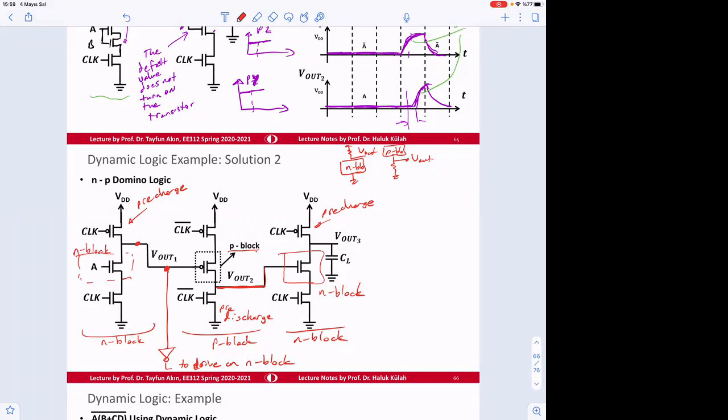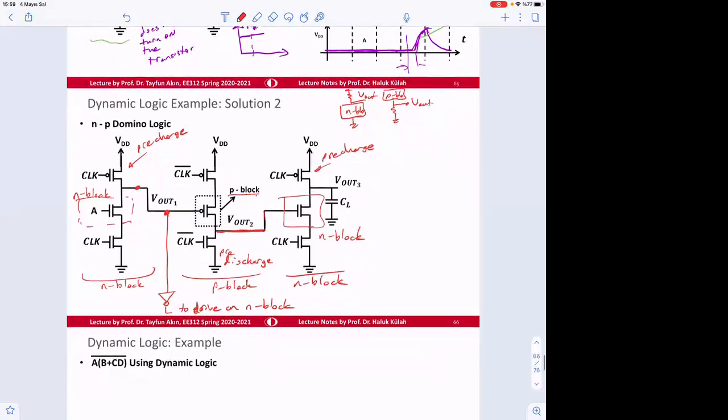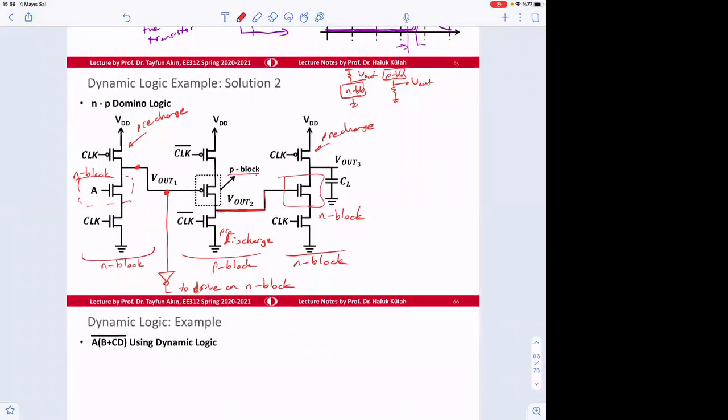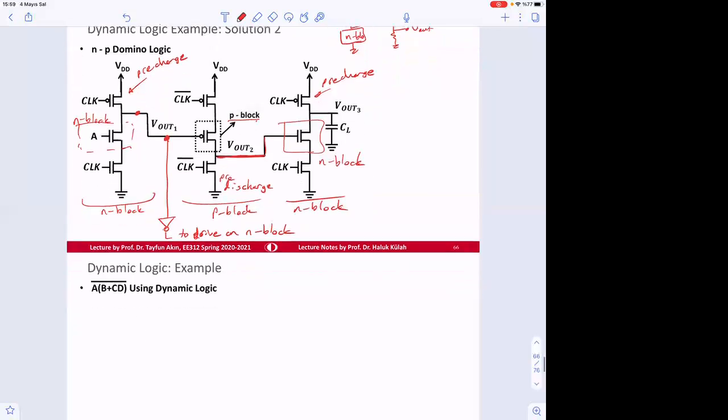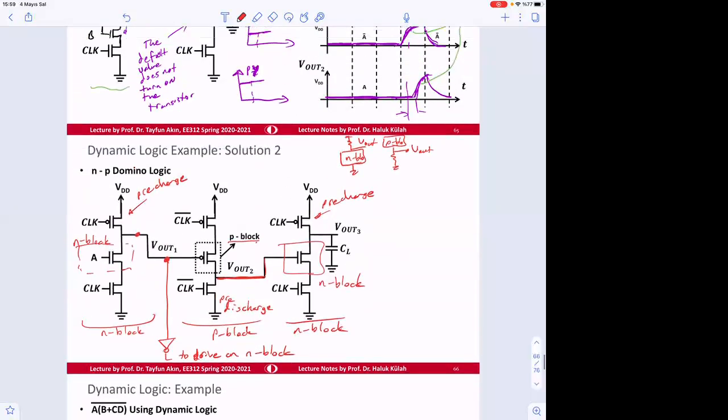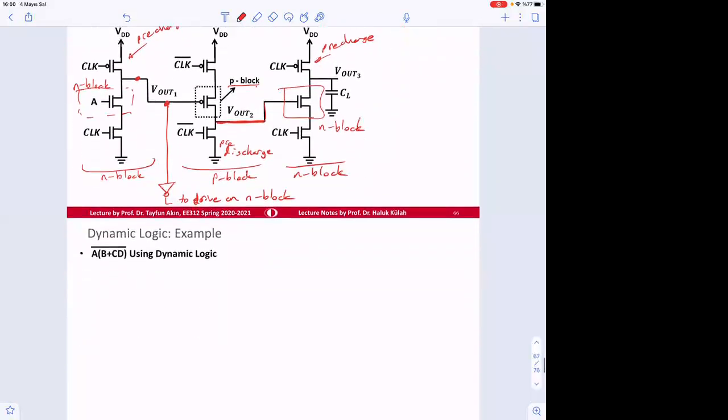So I guess you understand the idea. So dynamic logic, how can we design this logic? Using dynamic logic.